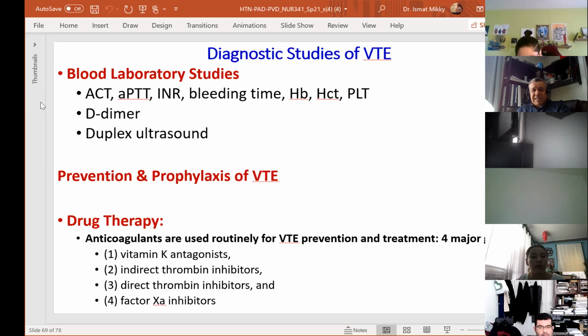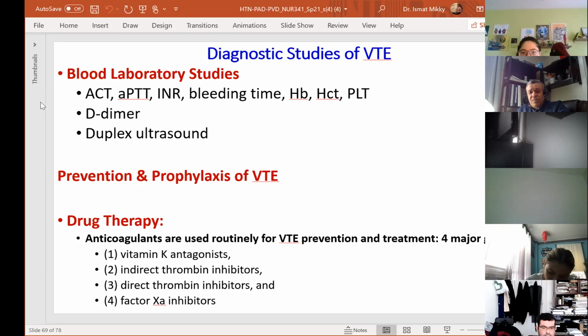And we have non-invasive venous diagnostic procedures like Doppler ultrasound. Invasive procedures like CT angiography or venography, magnetic resonance, MR venography, CT or MR venography, which is angiography, and then angiography with contrast. Sometimes you do that with contrast.